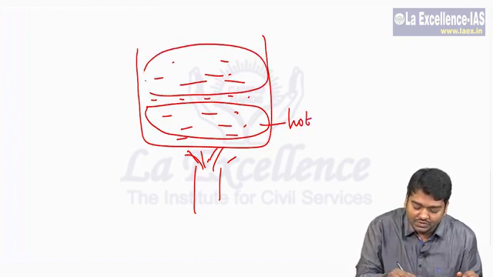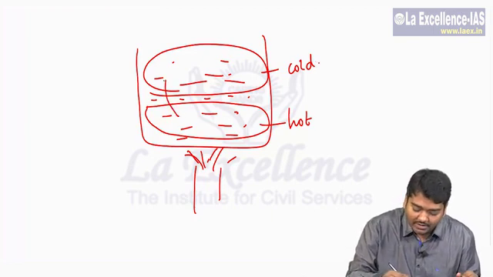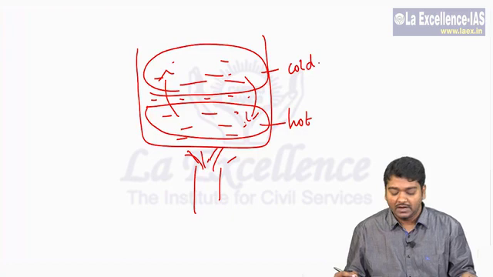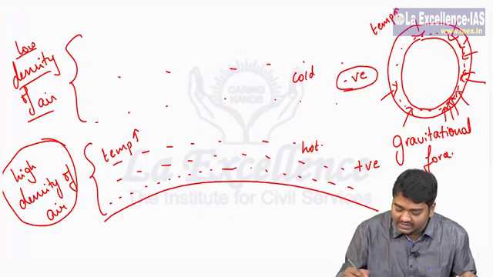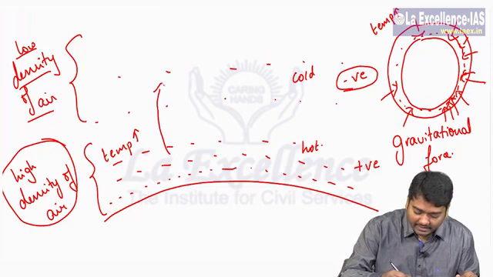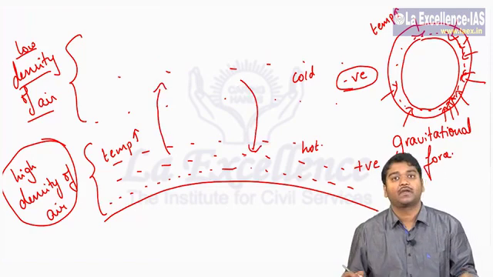The upper portions will be cold, correct? Hot rises, cold sinks, correct? Now the same thing happens in the atmosphere also. That is, hot air rises and cold air sinks.